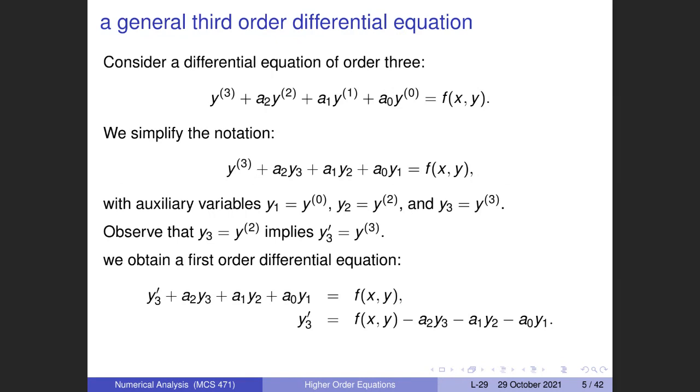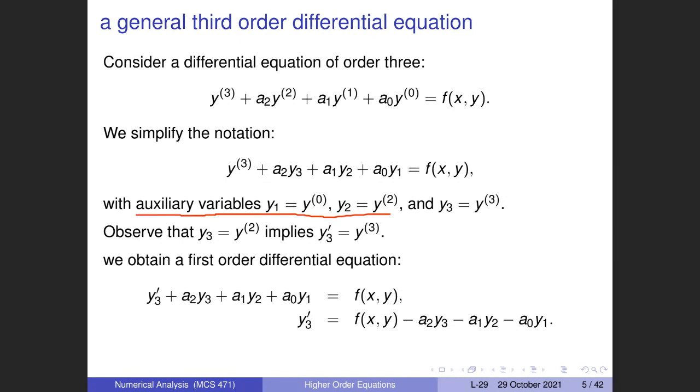We can rewrite every general higher order differential equation into a system of first order equations. I will illustrate this for order 3. If you can do it for 3, you can do it for any dimension. So what is the trick? The trick is to work with auxiliary variables, new variables that we introduce.